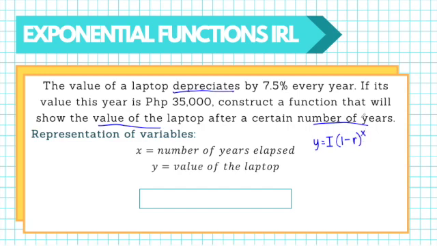Substituting the values, we know that the initial value is 35,000 and the rate of decrease is 7.5% every year. Therefore, we can write the function as f of x is equal to 35,000 times 1 minus 0.075 raised to x.